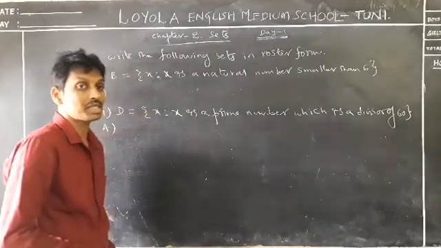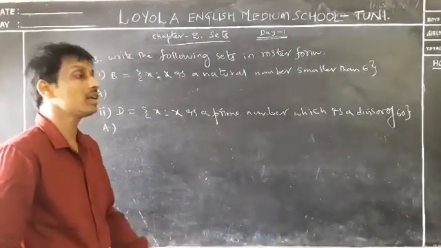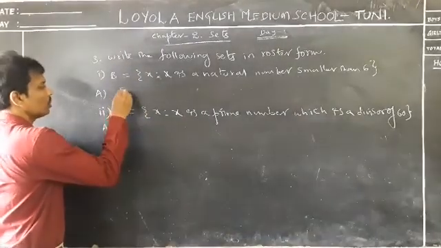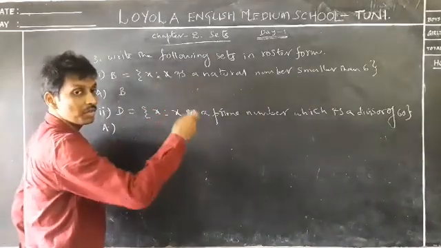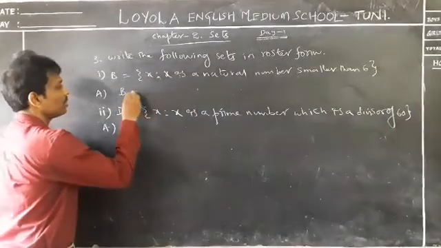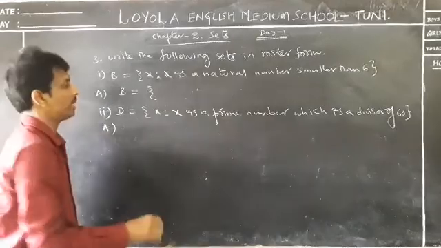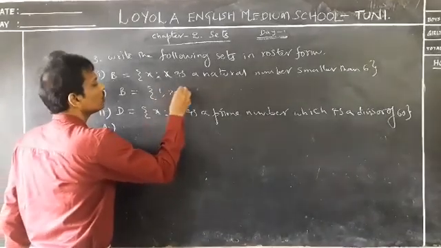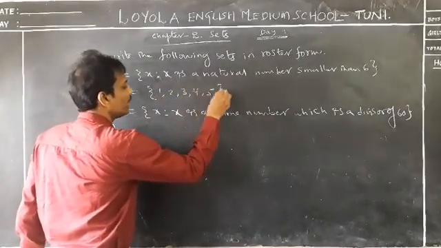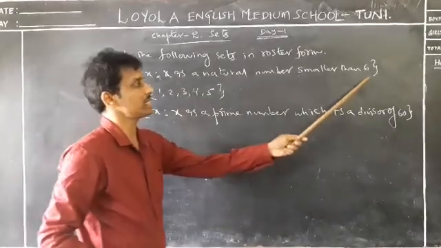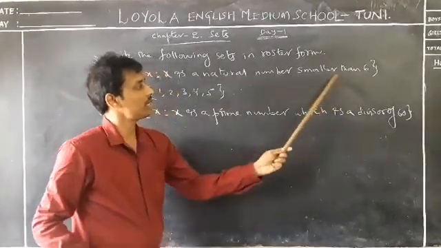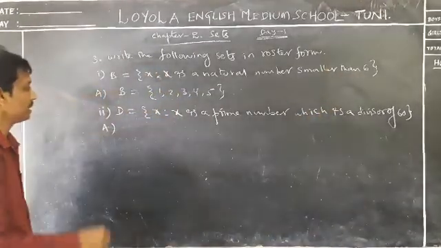What natural numbers are present? We are asking to write all those numbers. So when this set builder form is converted to roster form, we write only the numbers 1, 2, 3, 4 and 5. Is it necessary to write 6? No. Why? Because we are asking to write smaller than 6.